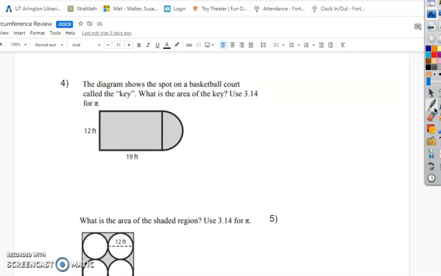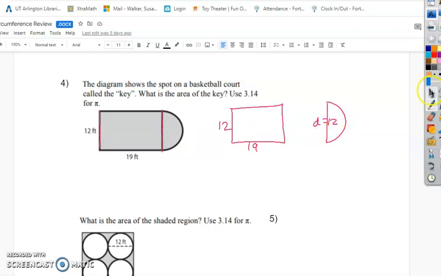okay? Again, I have a rectangle with a 12 and a 19. I have a semicircle, okay? So this is 12, therefore this is 12, but that is the diameter, okay?